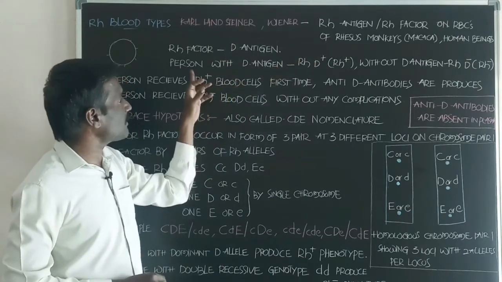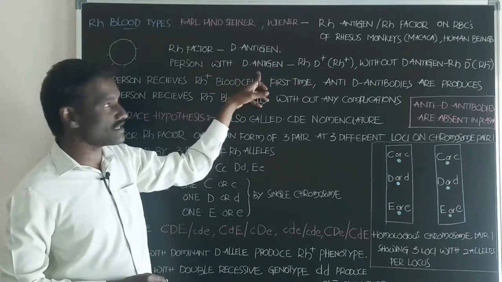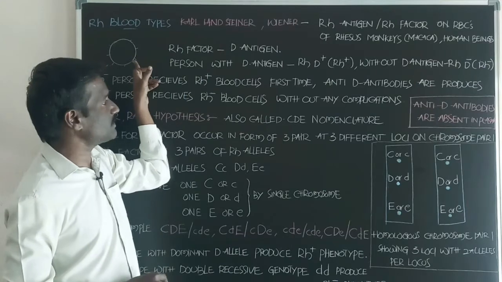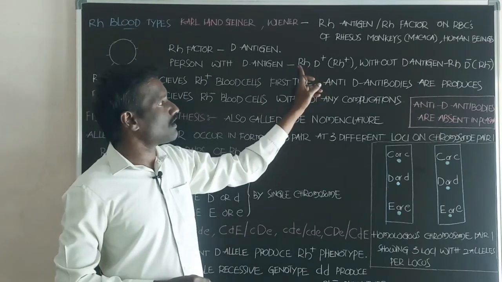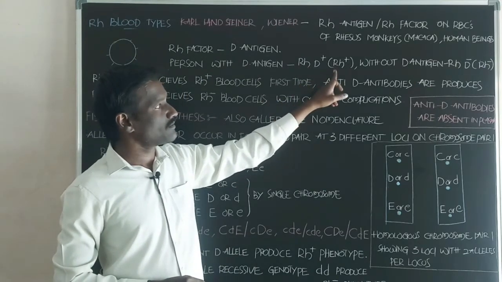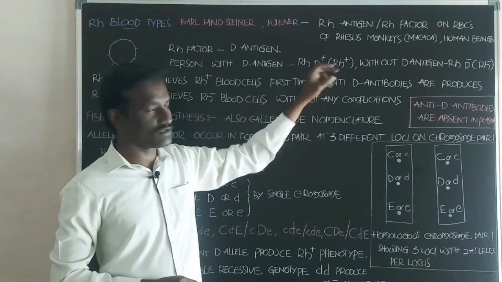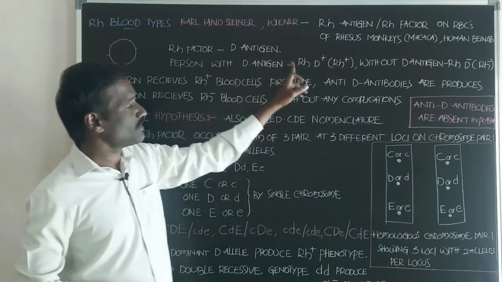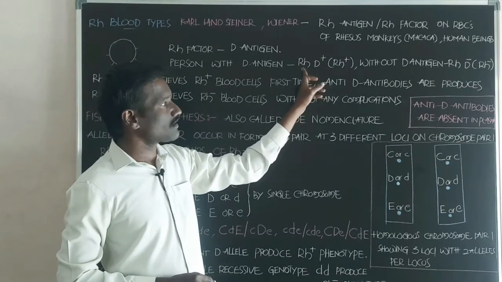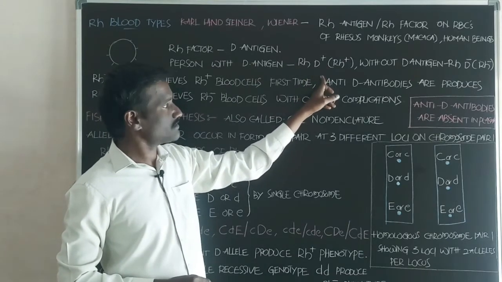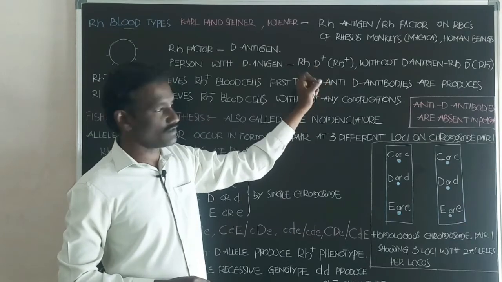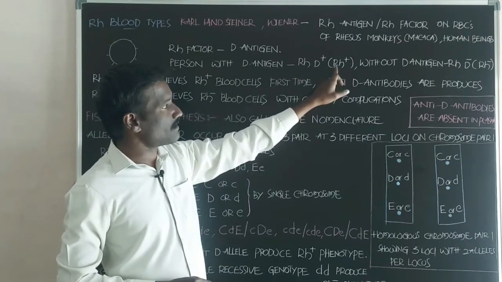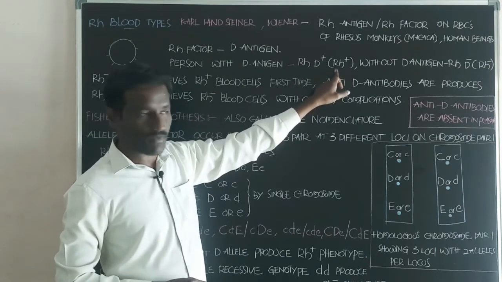The persons with D antigen on the plasma membrane of RBC are called RhD positive or Rh positive. Those individuals having D antigen are called RhD plus, RhD positive.